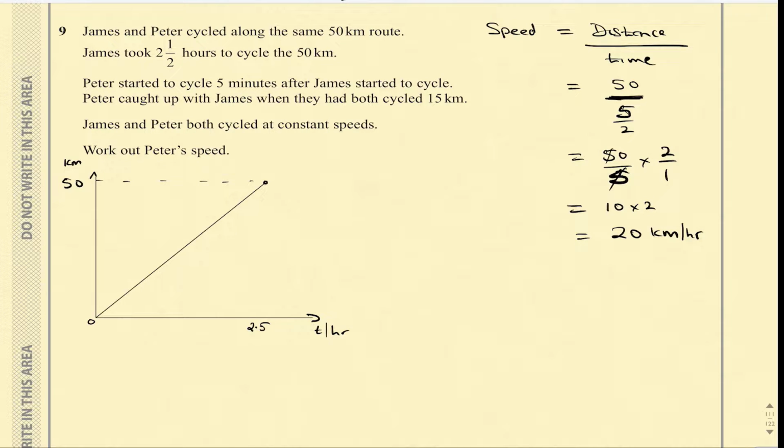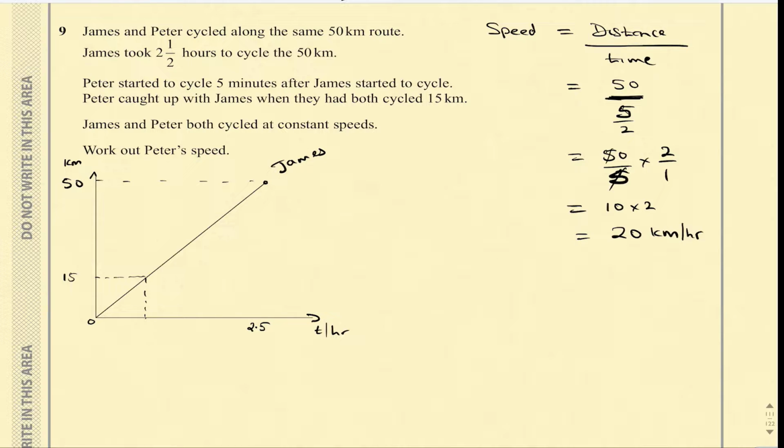So that's James's speed. And this is James, because the speed is constant along that line. Peter, on the other hand, caught up with James at 15 kilometers. And I'm guessing that's the time Peter caught up with James.